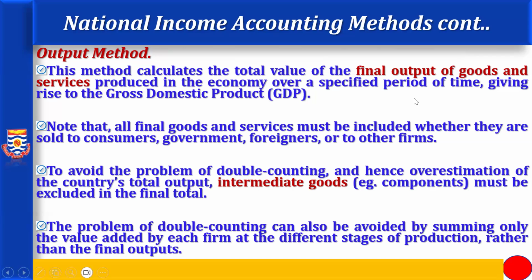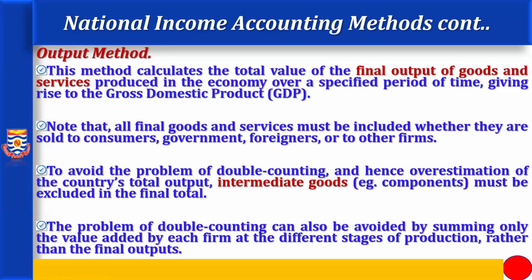Now, another keyword I want you to pay attention to here is this. It says gross domestic product. So the keyword I want you to pay attention to here is the domestic. Domestic means that they are goods and services produced within Ghana.